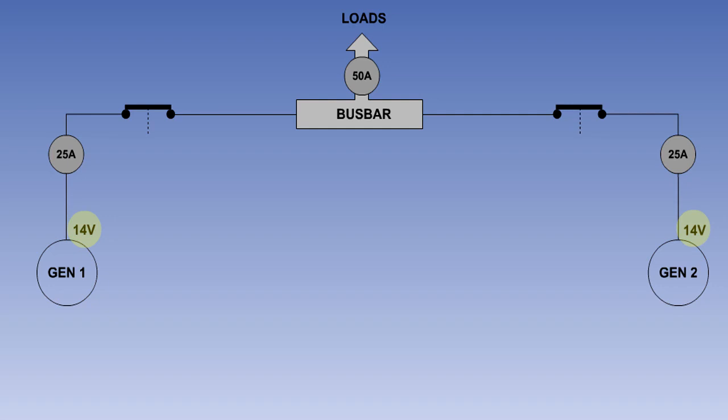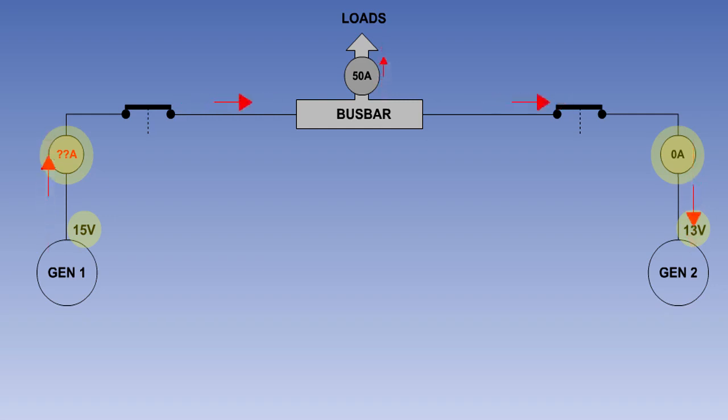To achieve load sharing, the output voltage of each generator must be exactly the same. If there is any difference in the voltage between the generator outputs, then the generator with the higher voltage will supply all of the loads. And in systems using DC generators, current will flow from the generator with the higher voltage into that with the lower.